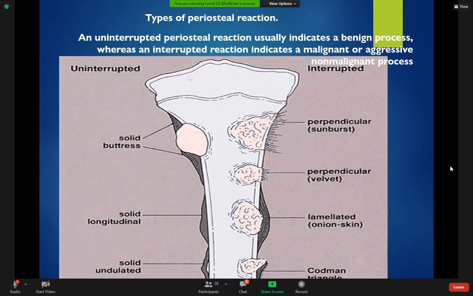We have the benign type, which is usually solid, regular, with no up and down waves. But when you look at the malignant tumors, most likely they will have interrupted, unclear periosteal reaction. I'll show you there are onion peel or onion skin and sunburst periosteal reaction.